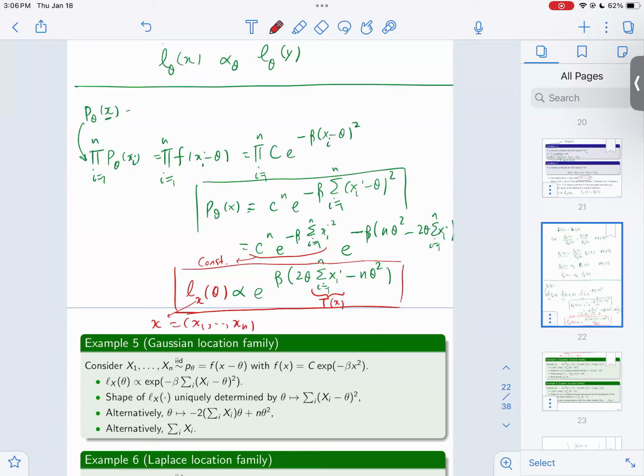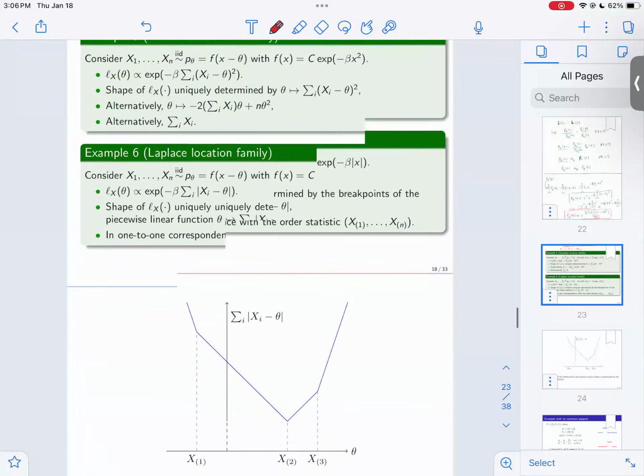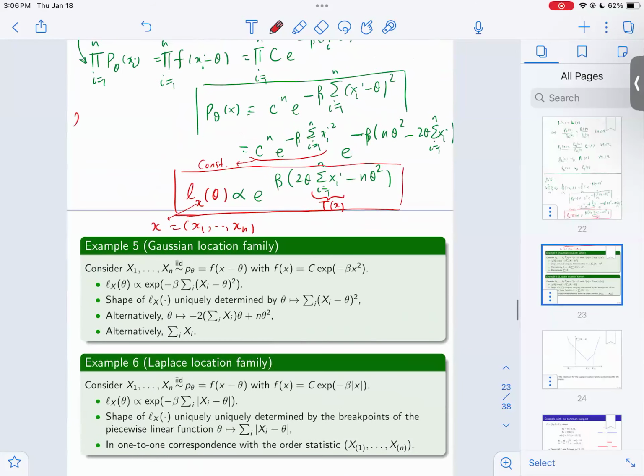So L_x(theta), and we can have this. Let's say if L_x(theta) is proportional to L_y(theta), then it implies that T of x has to be equal to T of y. And I'll let you figure that out for yourself.